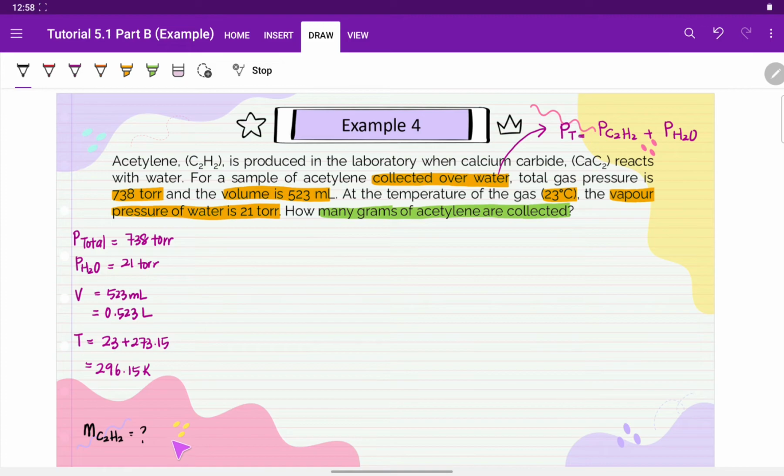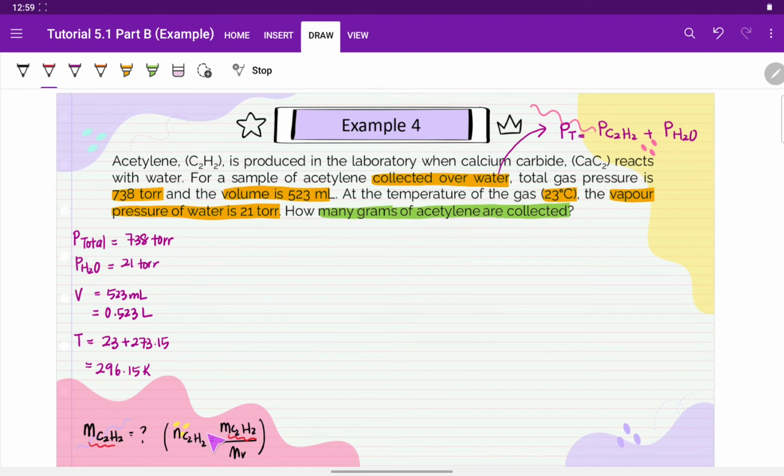Okay, maksudnya kita boleh gunakan equation ni, equation number of mole. So, number of mole of C2H2 equals to mass of C2H2 over its molar mass. Okay, jadi untuk kita gunakan ni, maksudnya kita linkkan, kita nak cari ini. Okay, this one. So, we need to have the information of number of mole. Yang ni kita boleh kira. Okay, jadi kita kena cari number of mole of C2H2.